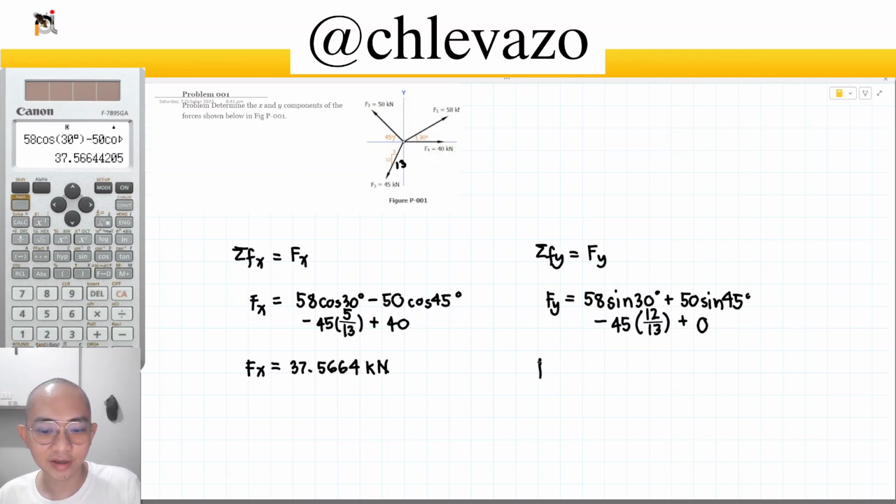So, Fy would be equal to, I guess this is positive, but let's see. This is 58 sine 30 degrees. And then, positive 50 sine 45 degrees, and then minus 45 times 12 over 13 plus 0. Okay, let me check.